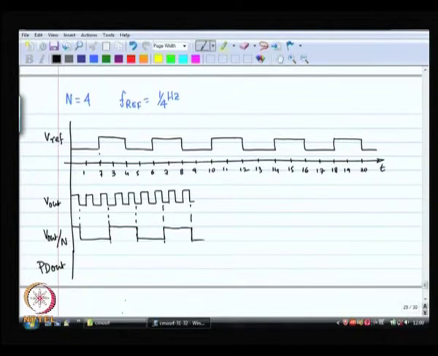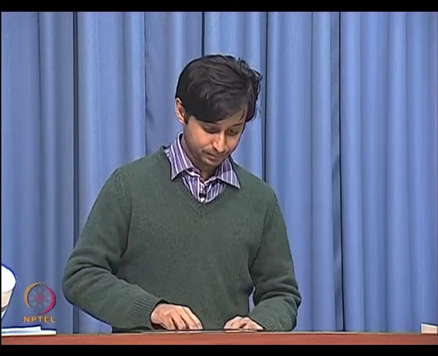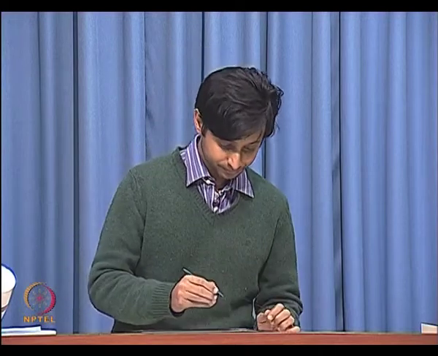All right. So, now you see that the frequency of V out by n and V ref are the same, however, there is a phase misalignment. Now, let us see what happens.